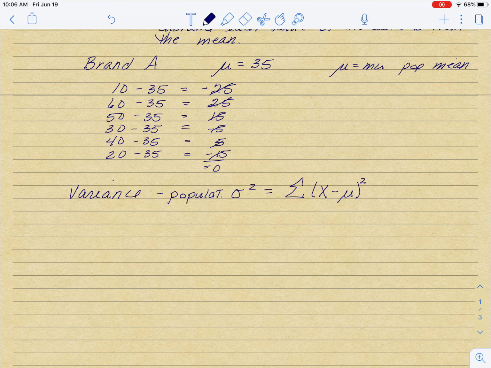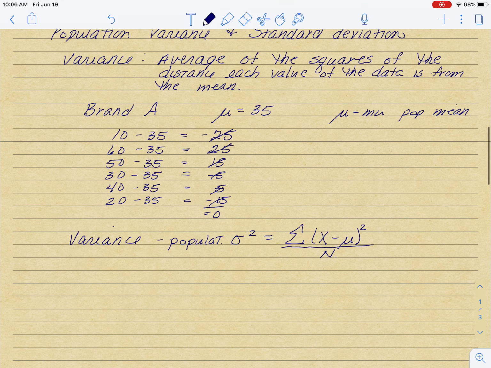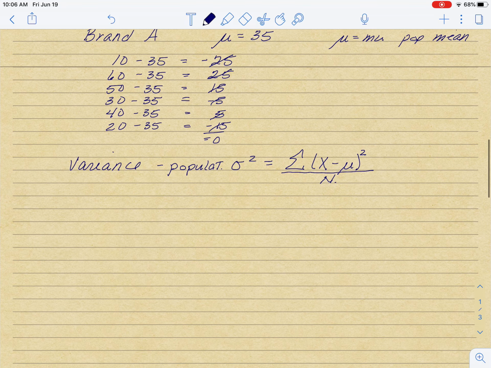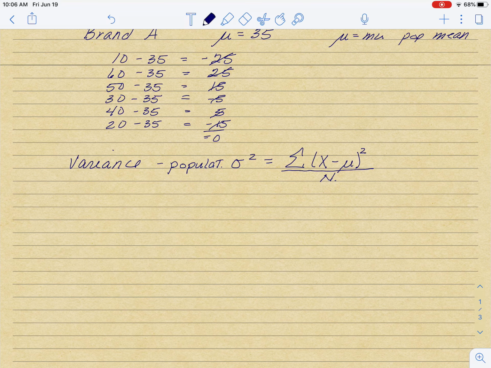So every time we found a difference, we square it, and then we add those all up, and then we divide by the total number of data points. That's what it means by the average of the squares of the distance. So we find the differences, we square them, we take a sum of all those squared terms, and then we divide by n.